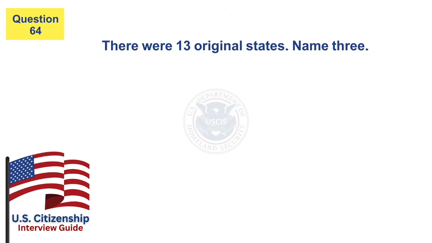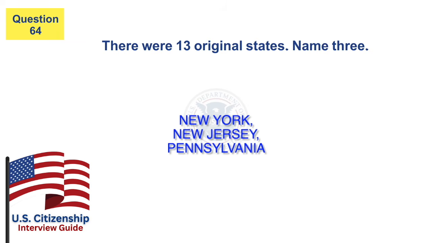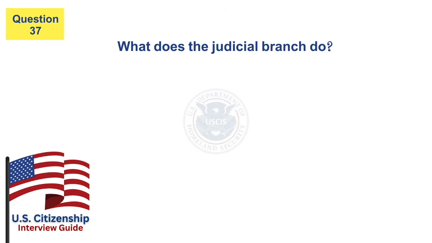There were 13 original states. Name 3. New York, New Jersey, and Pennsylvania. What does the judicial branch do?